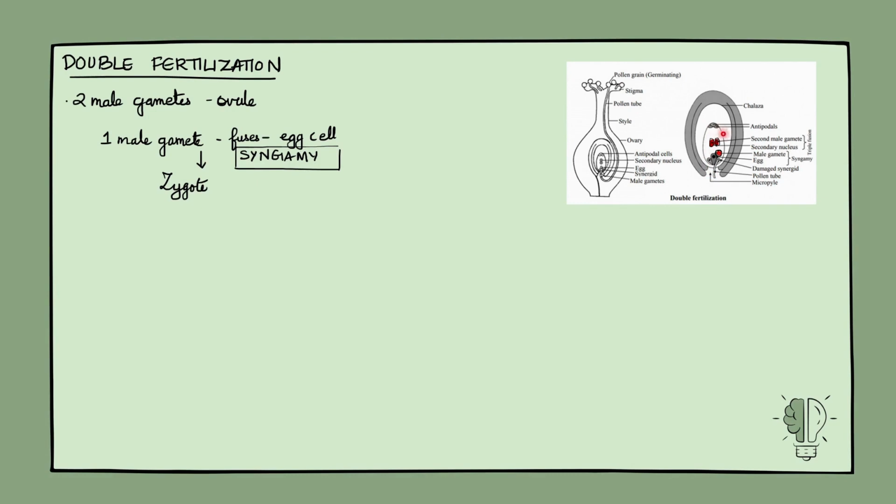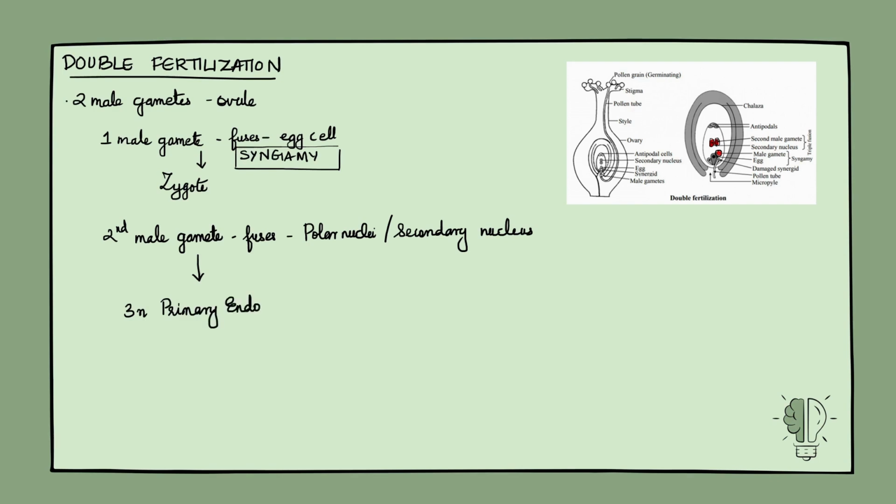Now, the second male gamete enters the central cell to fuse with the polar nuclei or secondary nucleus to form a triploid primary endosperm nucleus.